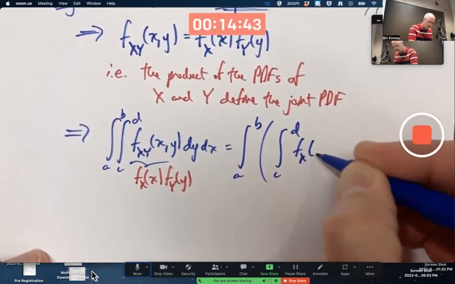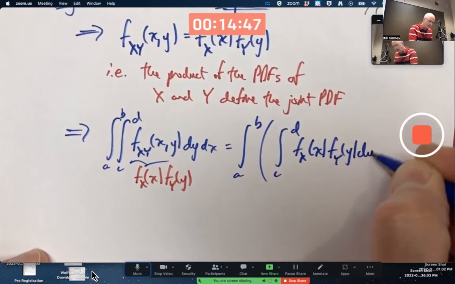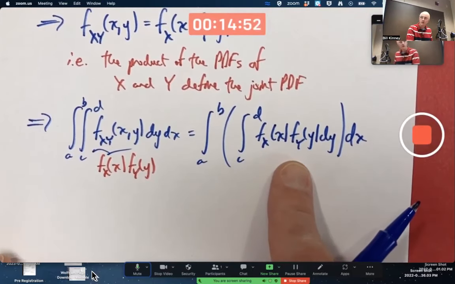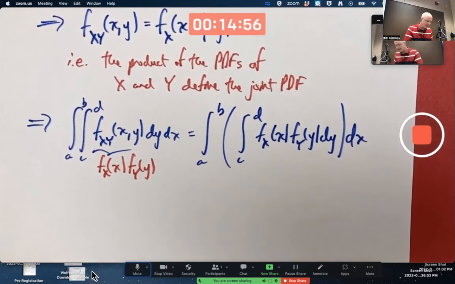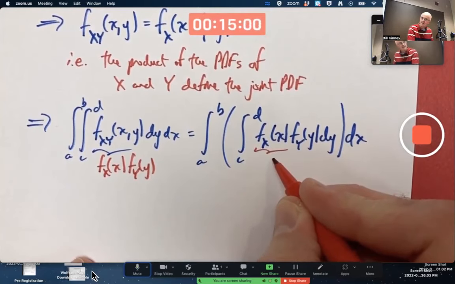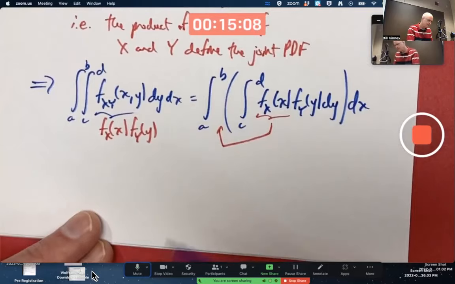When you do the inner integral with respect to y, you're treating x as a constant. That means this factor can be brought outside that integral. It's a constant with respect to the inner integral.